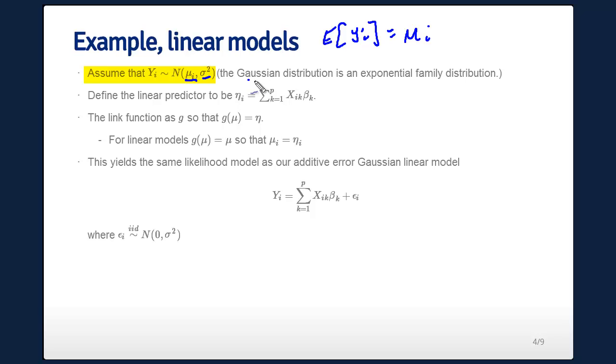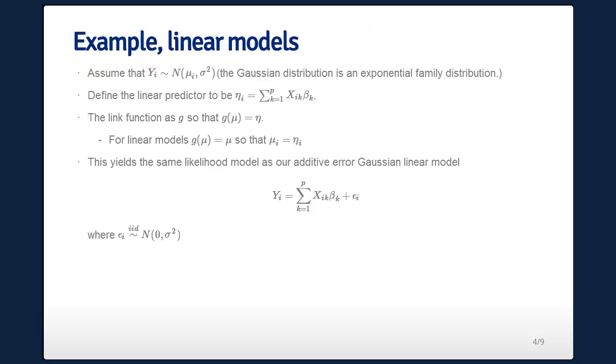And it turns out that the Gaussian distribution is an exponential family distribution. So I'm going to define the linear predictor to be this. The linear predictor is always going to be that. It's going to be the kind of systematic component that reduces the i parameters down to p parameters via the covariates, the x's.